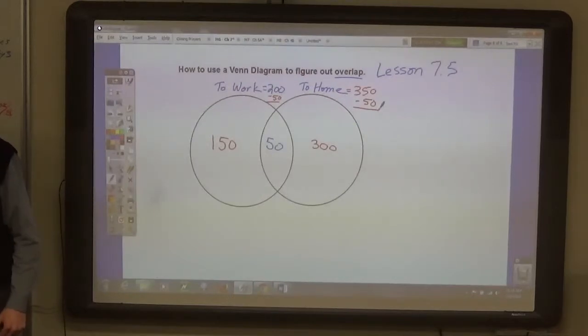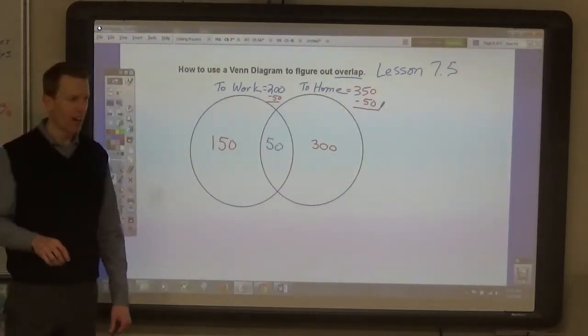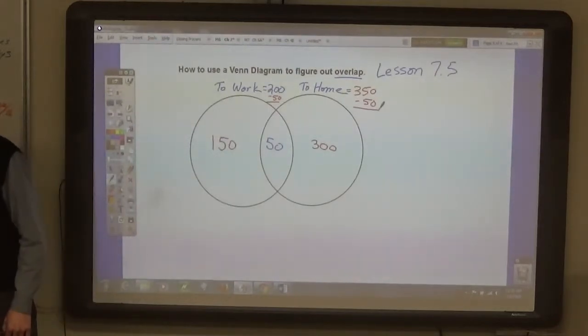The results show that 25 people commute by subway, 35 people commute by bus, and 40 people commute by car. 6 people use both the subway and the bus, 10 people use both the bus and the car, and 9 use both subway and car. 4 people use all 3 methods of transportation. How in the world are you going to figure this out?